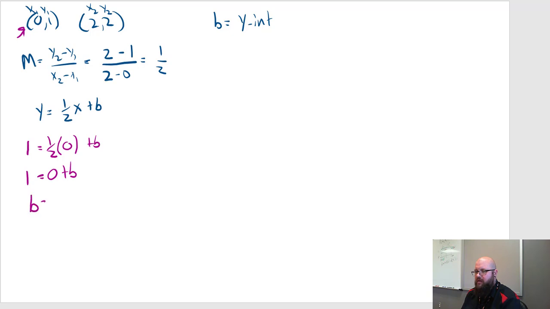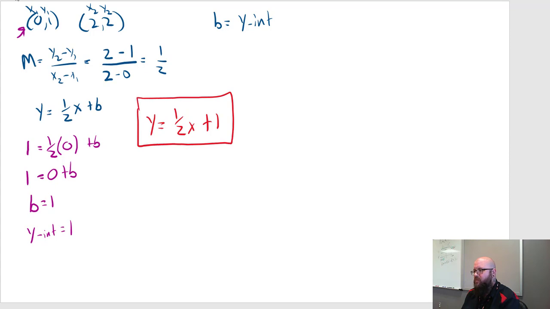So our b value is 1, so our y-intercept is equal to 1. To write this out, we simply write y equals 1/2 x plus 1. It's plus 1 because that y-intercept value, or b value, is a positive 1. So we know the equation of that line is y equals 1/2 x plus 1.